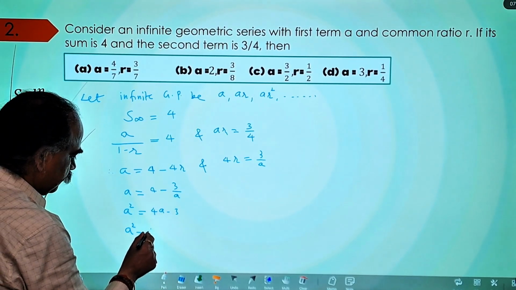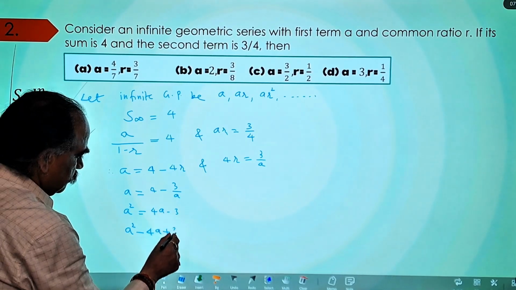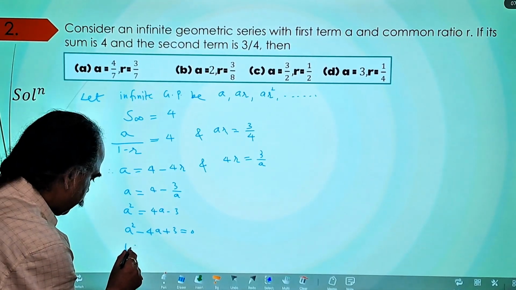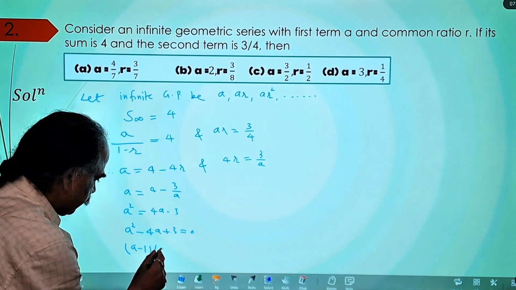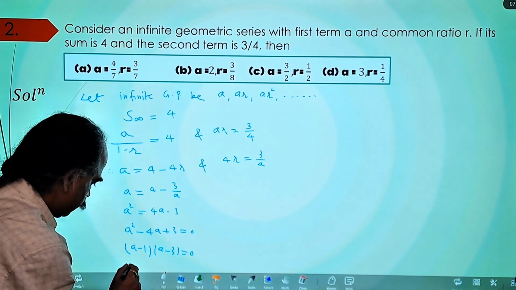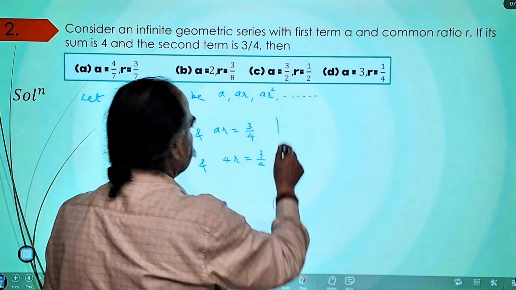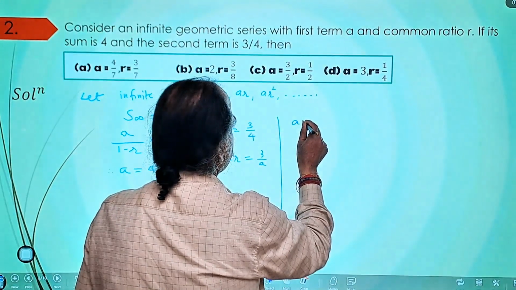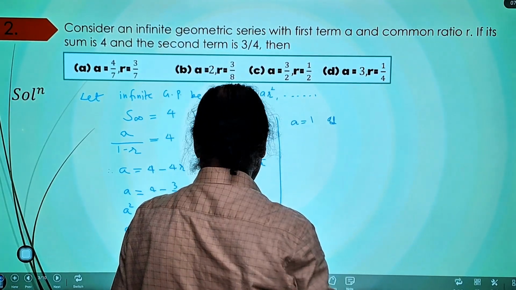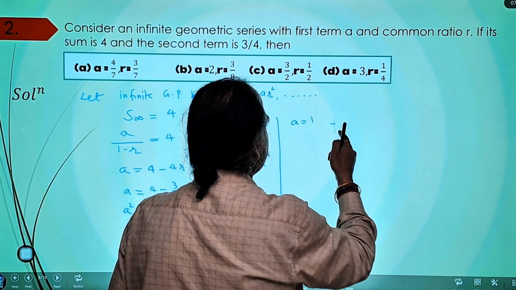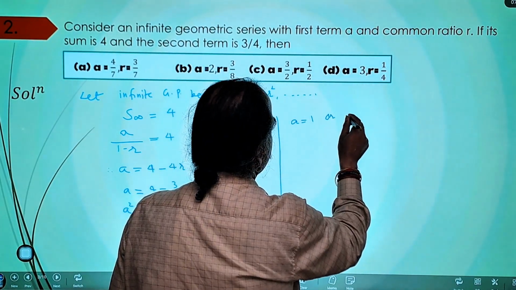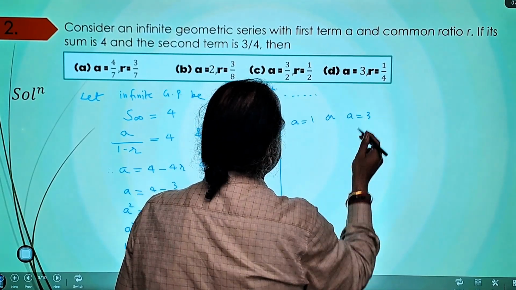A square minus 4A plus 3 is equal to 0. So the factors are A minus 1, A minus 3. So A is 1 or A is 3.